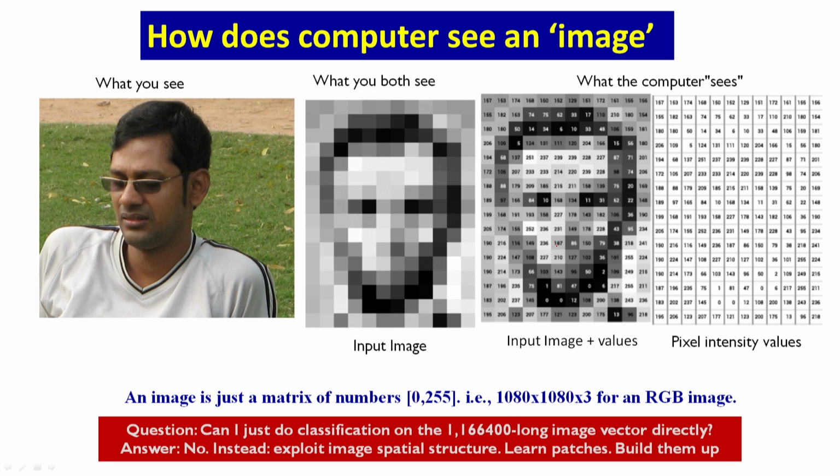The very bright one is 252, a little dark one is 210, a darker one is 127, and a very dark one is 0. You can also have other values like 1, 12. That is how the computer sees the image.